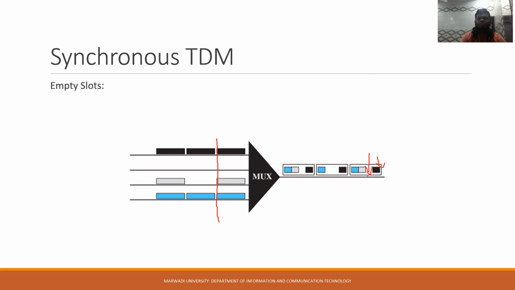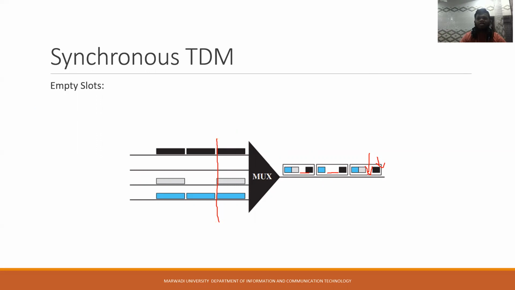So that much time and those bits in the frame are wasted. In the second case, 2 bits are absent. In the third case, this slot is absent. Whenever we don't have anything to send over time division multiplexing, the frame should still be formed such that at different times, different inputs are there.